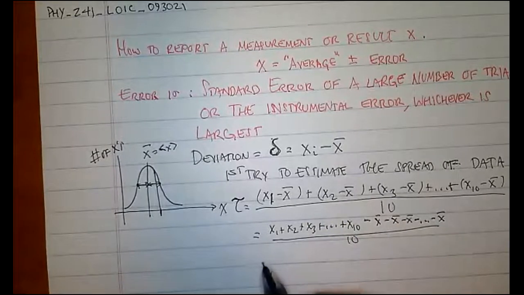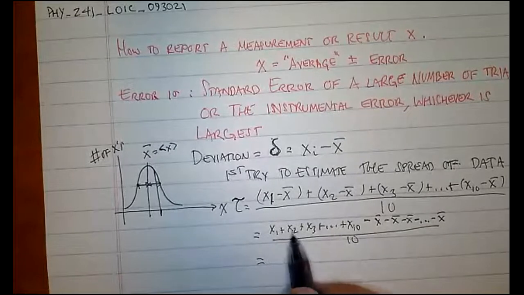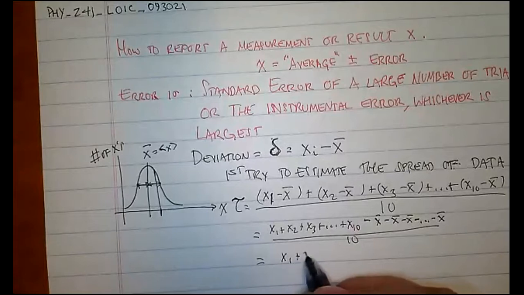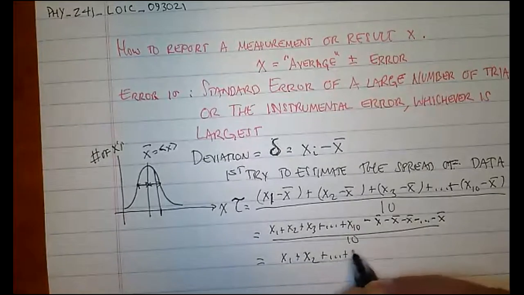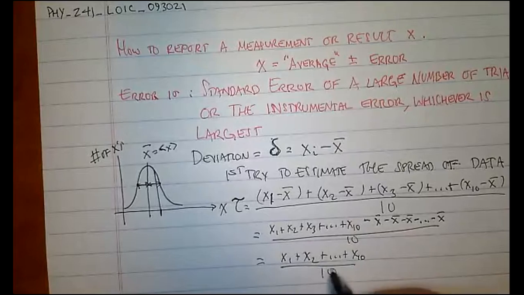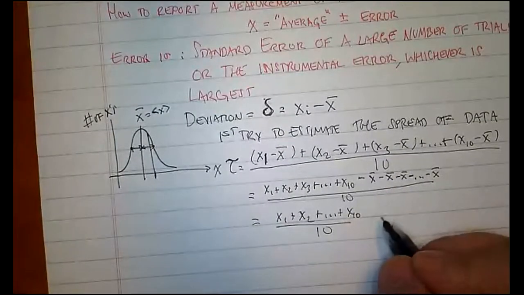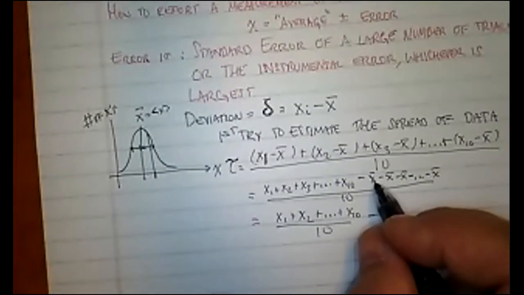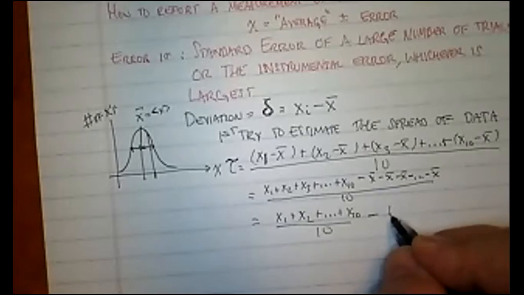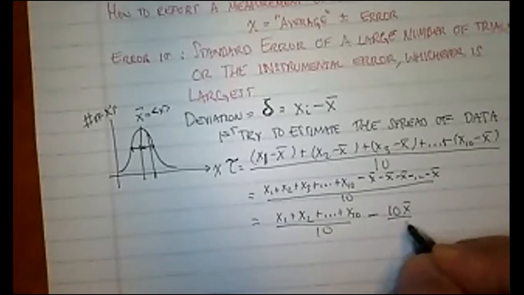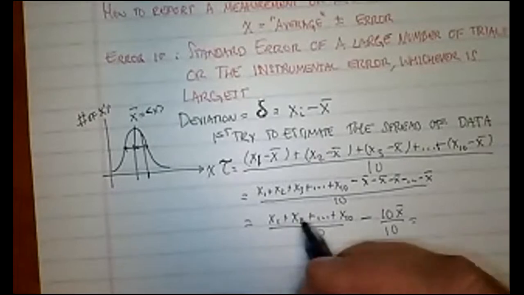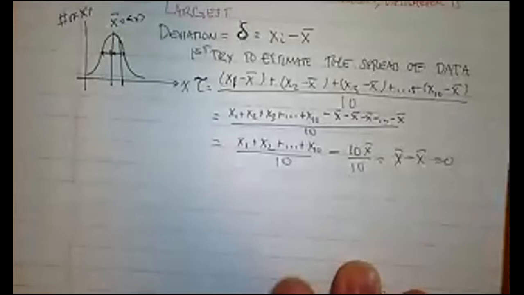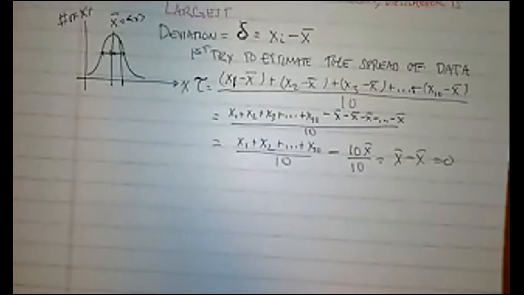Now, I can break this part of the fraction up into x1 plus x2 plus up to x10 over 10, and that's just my mean. But if I pull the minus out from the fraction, I'd have 10 times x bar, over 10. So lo and behold, I get x bar minus x bar, which equals 0. So tau is not a good estimate of the spread.